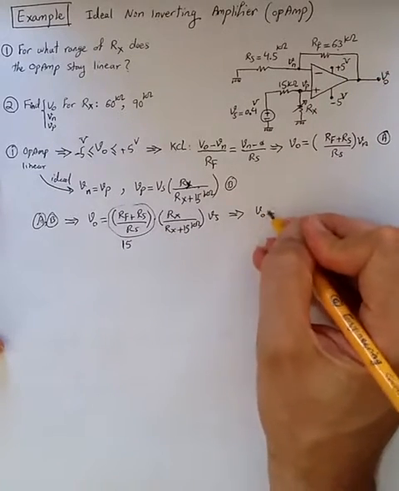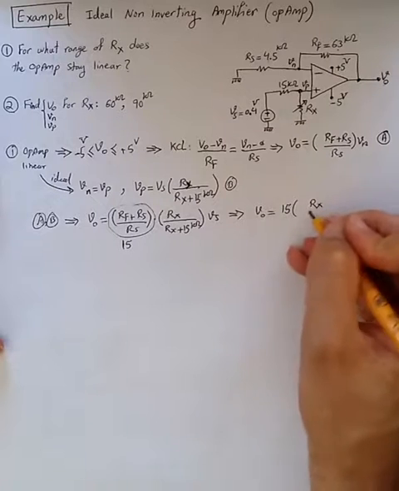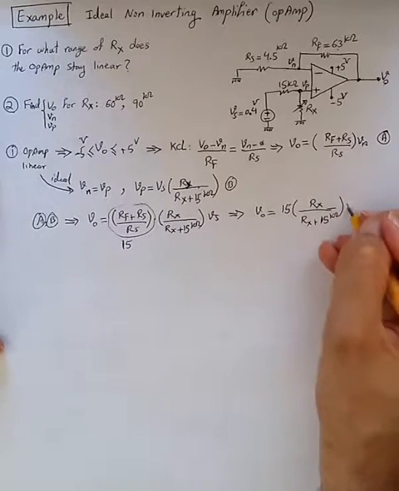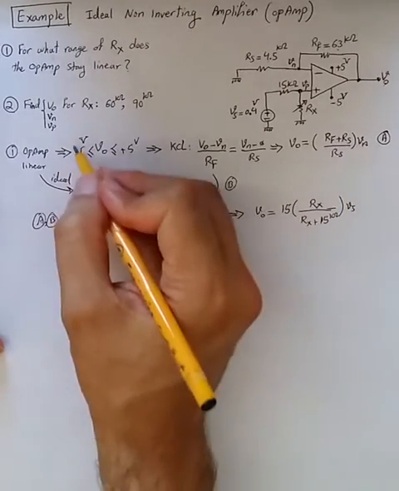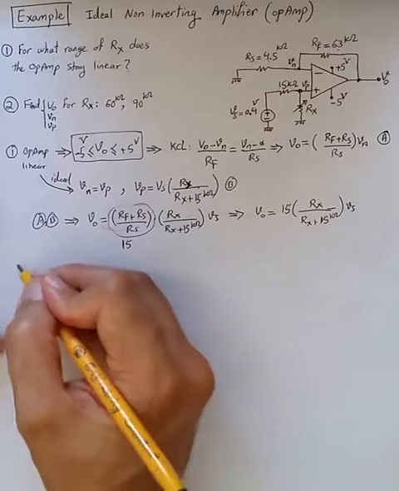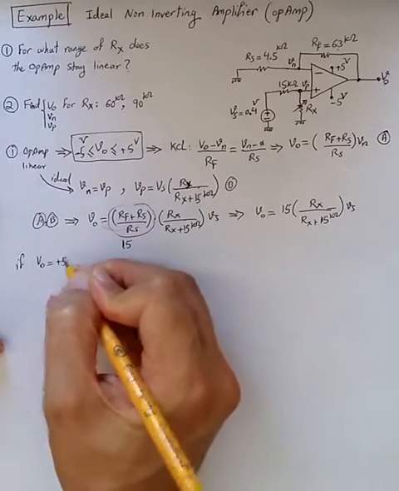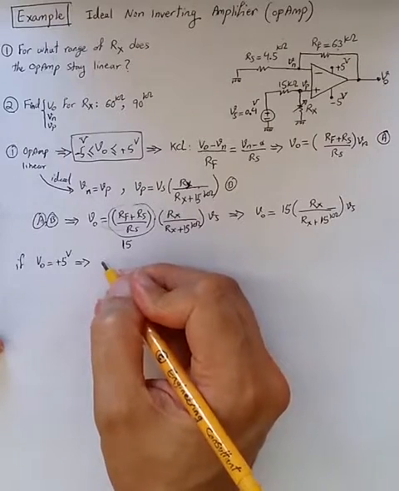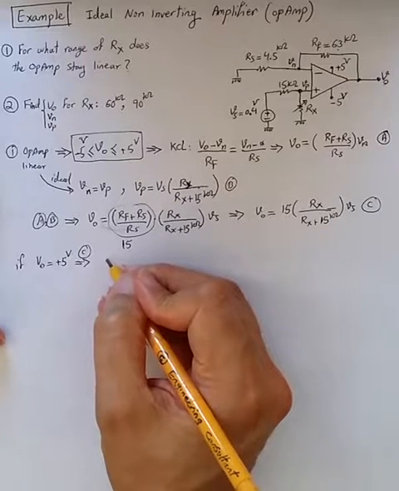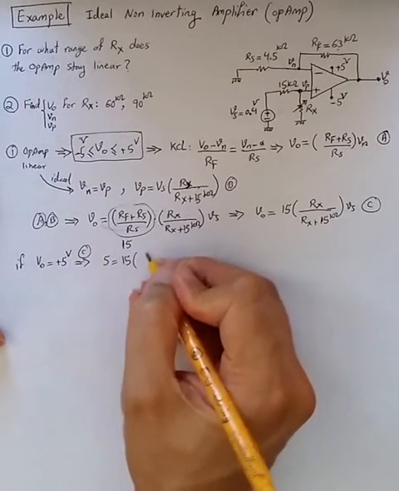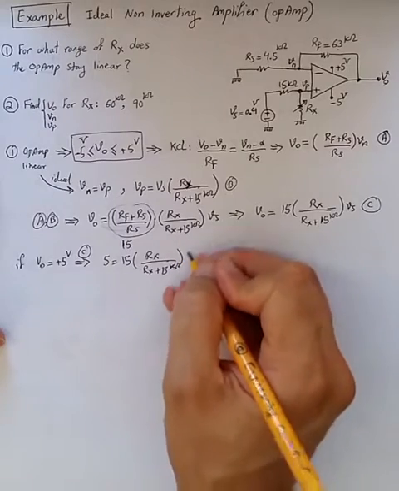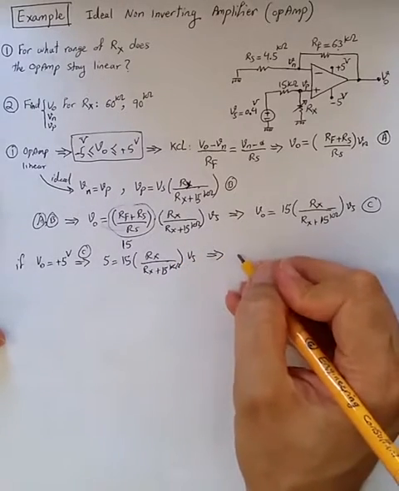So we can say Vout is 15 times Rx, which is unknown, divided by Rx plus 15k times Vs. Now we want VO to be in this range, so sticking with plus 5 volt, if Vout is plus 5 volt, we understand from C that 5 is equal to 15 times Rx divided by Rx plus 15 kilo ohm times Vs.